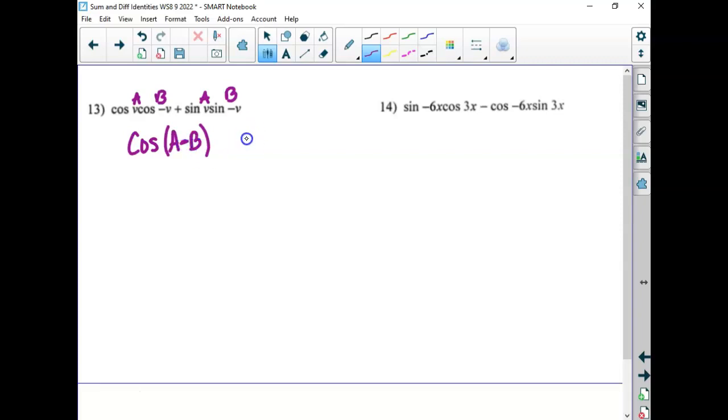Yeah, a positive V is our A. And then it's supposed to be minus, and our B is a negative V. I don't like this question. So what does that become? Yeah, cosine of 2V.